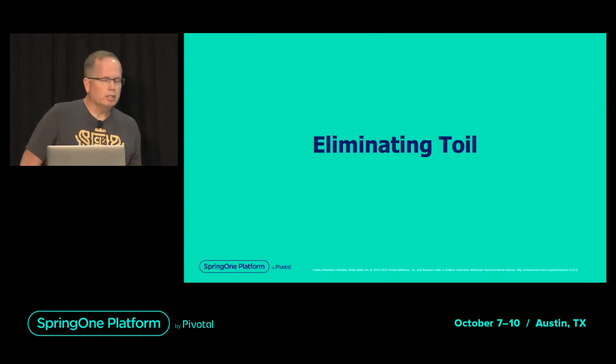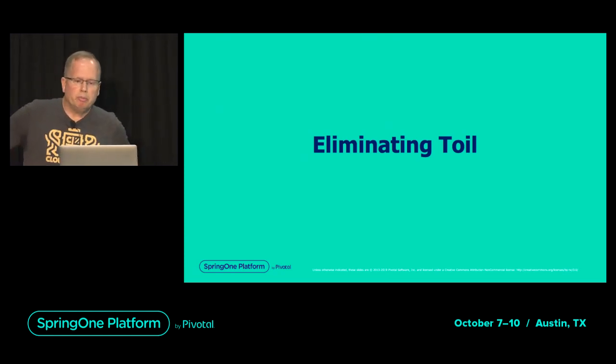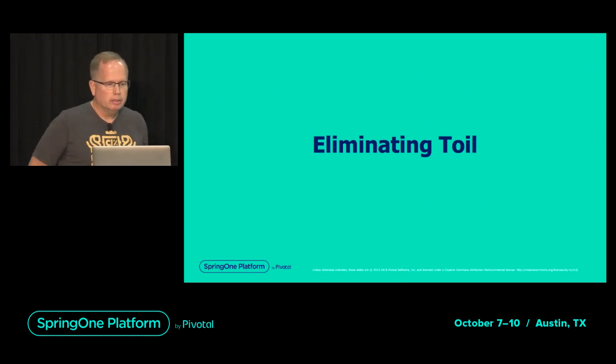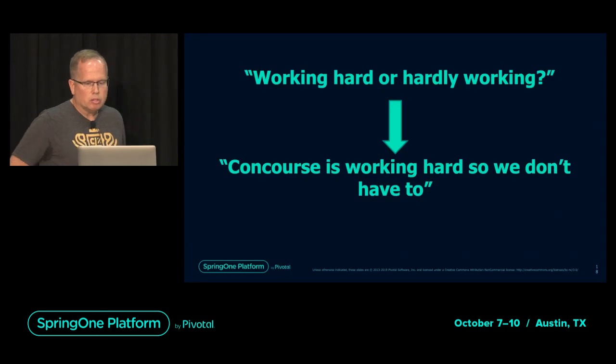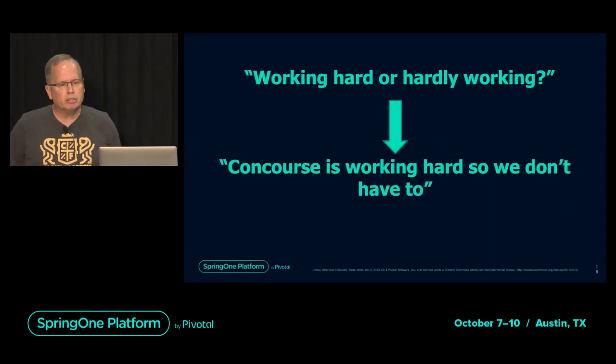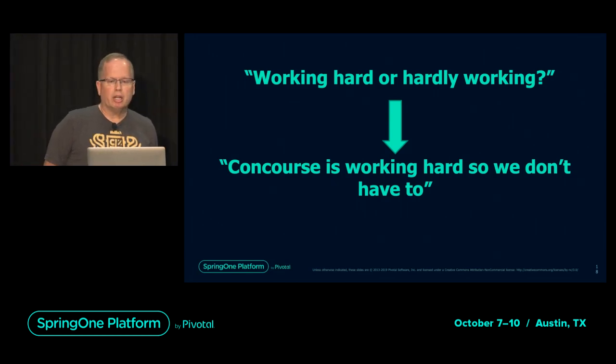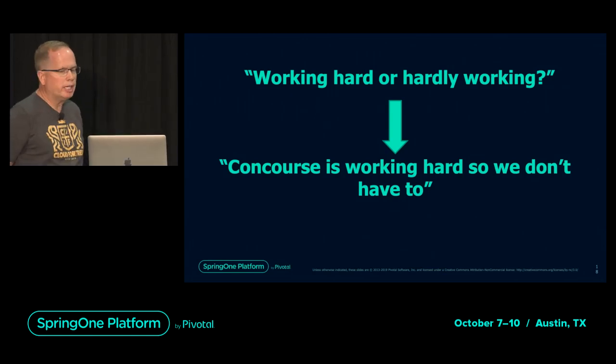Okay, thanks, Ron. So toil is defined as repeatable manual tasks that can be automated. So our philosophy at the bank is to try to reduce toil as much as possible through automation. Concourse, in case you're not familiar with Concourse, it's a continuous thing doer.